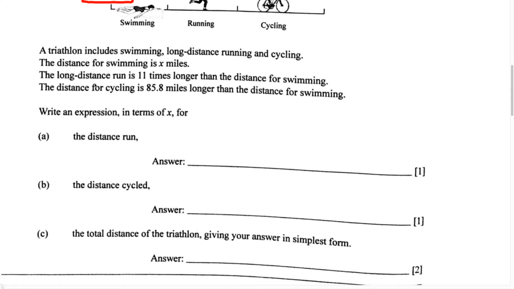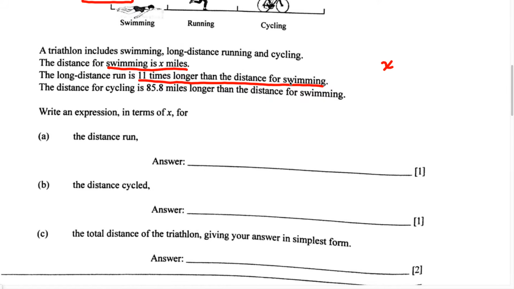Let's go back and read what they give us. They say the distance for swimming is X miles. Swimming is X miles. Now it says the long distance run is 11 times longer than the distance for swimming. So we can write swimming as X, and we know to find the distance run, which is part A, it is 11 times longer than the distance for swimming.